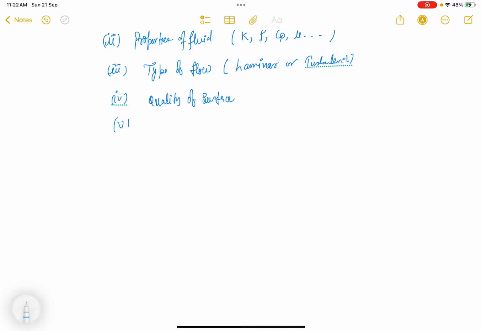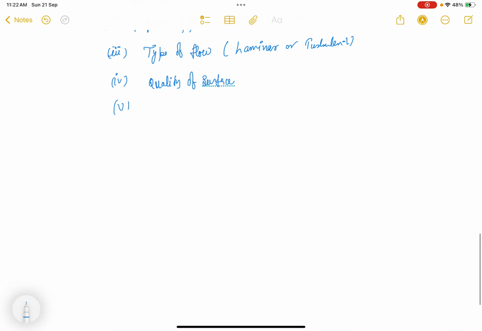We know that rough surfaces have higher heat transfer coefficient because they will induce eddies into the flow, which will enhance mixing and which will enhance the heat transfer rate from the surface.